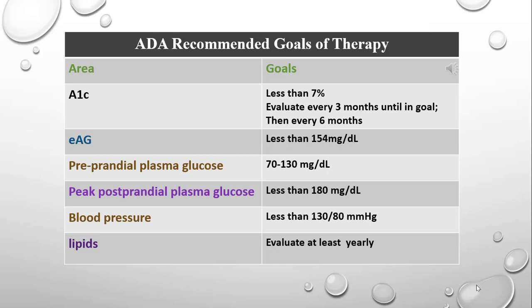Blood pressure value should be less than 130 by 80 mm of mercury, and the lipid profile should be evaluated at least yearly so that the patient can avoid any complications that often occur in cases of diabetes.